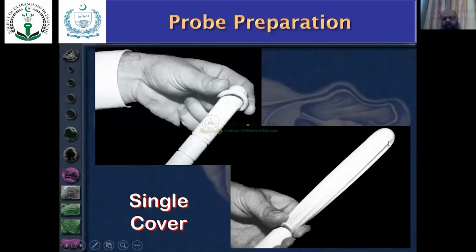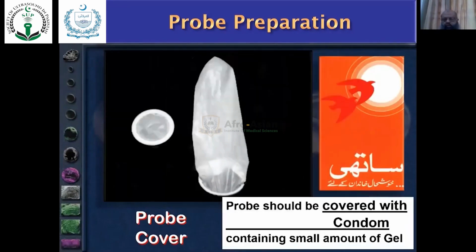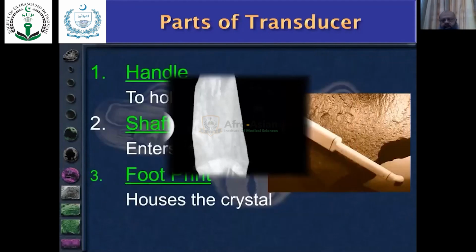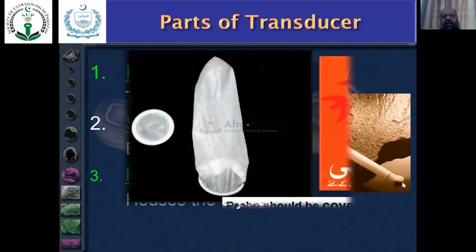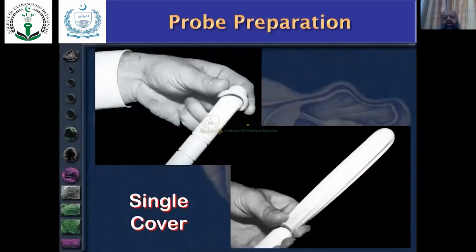This is how we will cover it. So the two parts, the footprint and shaft, are covered with the condom, and we put some gel here so that we can have some medium for transmission of sound waves.